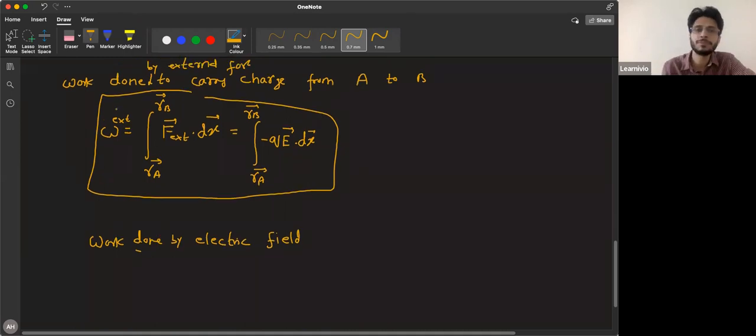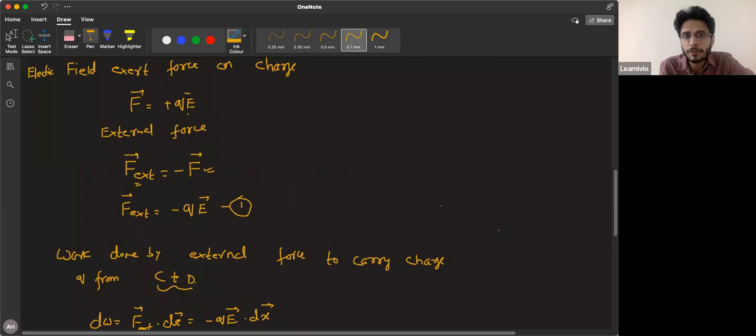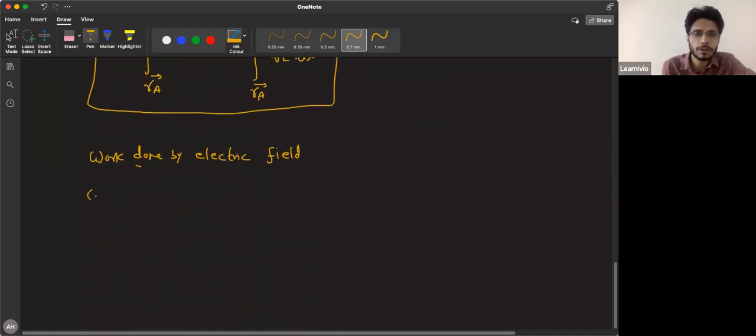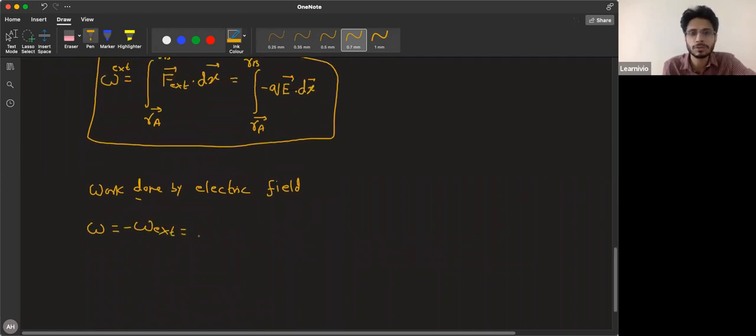Take the negative. See, this is the force by electric field, F, and this is the external force. Both are in opposite direction. So we can say that work done by electric field is negative of work done by external force, which is minus of integral R_A to R_B of minus QE dot dx.